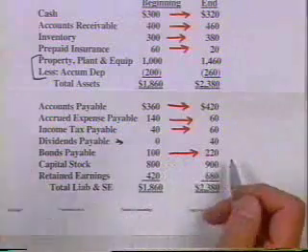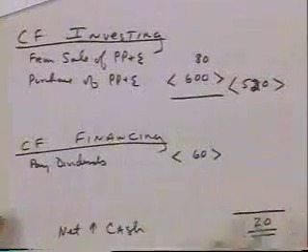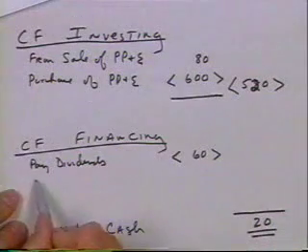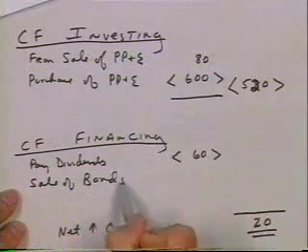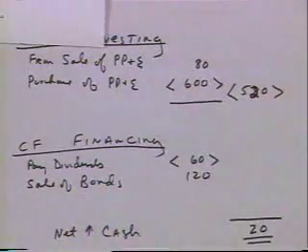And that increase in the liability, remember from bonds, if the liability went up, that means cash came in. Hence, we go back to our cash flow statement, and from the sale of bonds, we have 120, which is a cash inflow.